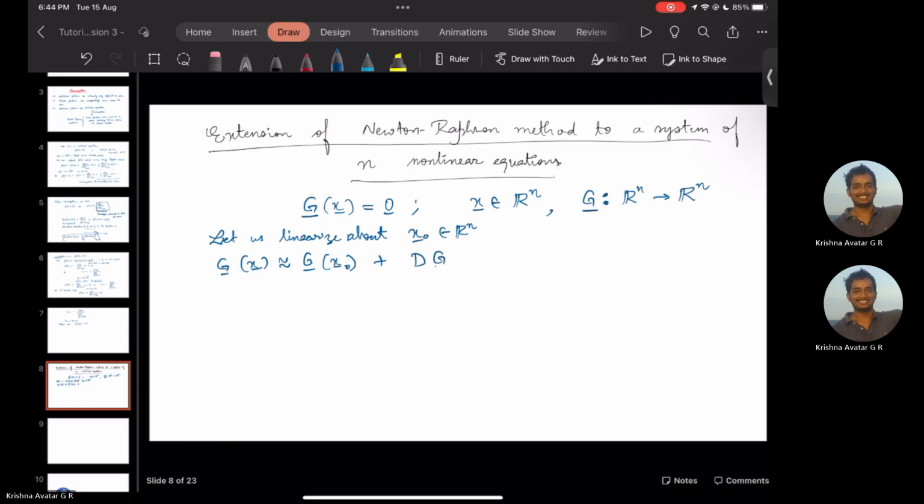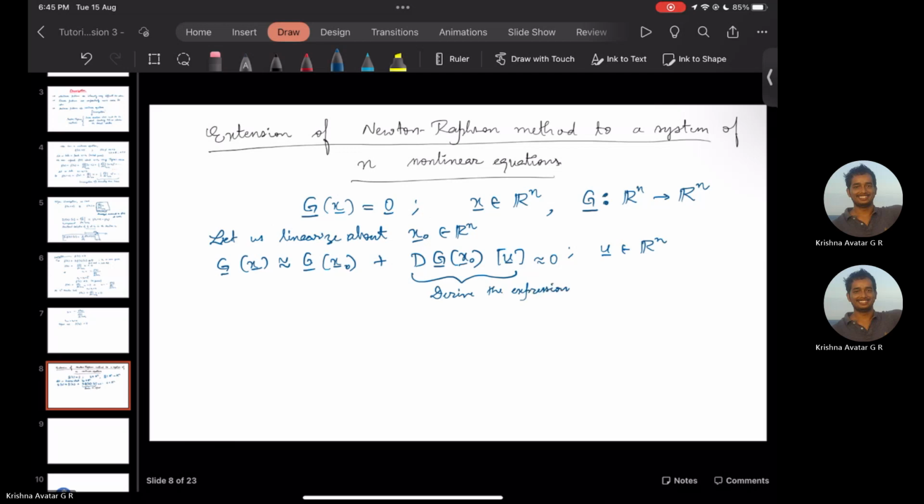Plus d of g vector at x naught vector in the direction of u vector. Now u vector is also an element of Rn. Fine. And we expect the same thing, that we would like to have this almost equal to 0, isn't it? So we'll again make this approximately equal to 0, and then solve for the system of equations ideally in the same way. But here, before that, we need to derive the expression for this, right?